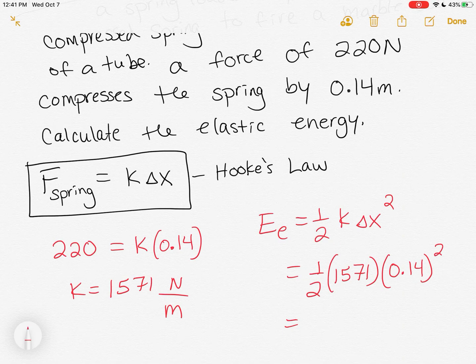So we do 1/2, our K value is 1571, and our delta X is 0.14, and that needs to be squared. So our 0.14 squared times our 1571 times our 0.5 gives us an elastic energy of 15 joules.